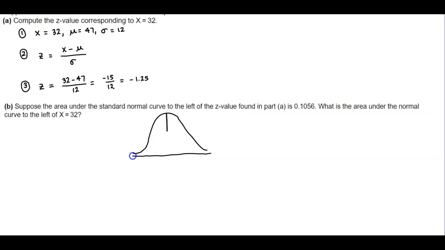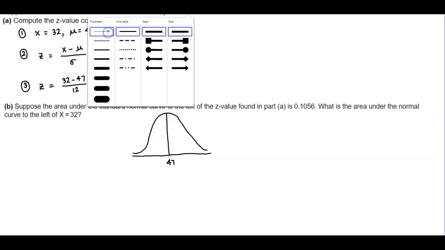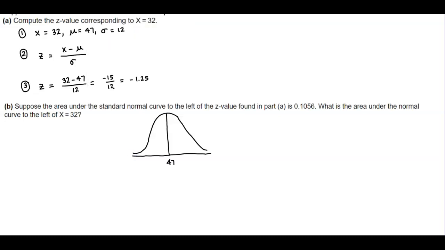And so we know that the mean of this bell curve is at 47. And so what we want to do is we have a value where x is equal to 32. And we want to find the area that's shaded to the left of this, which is the probability.